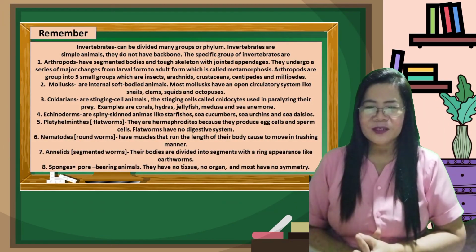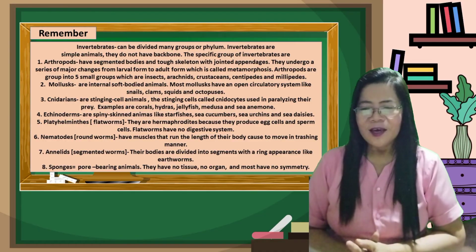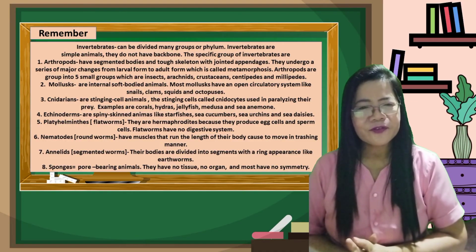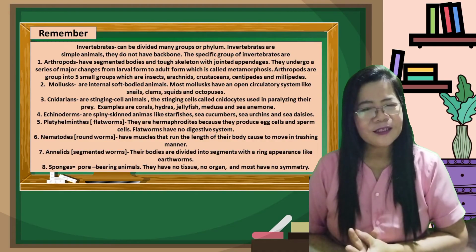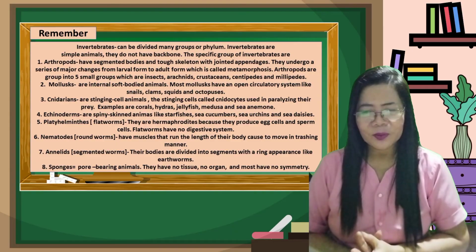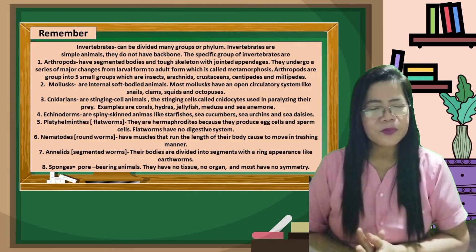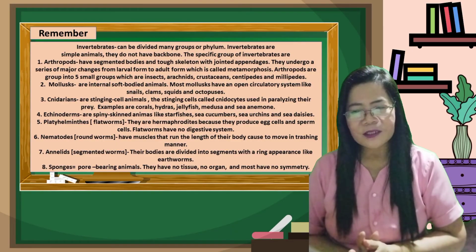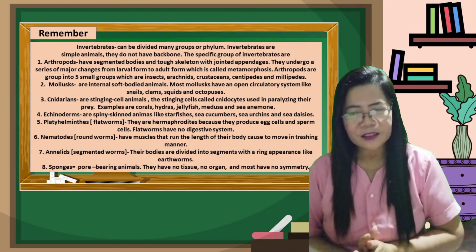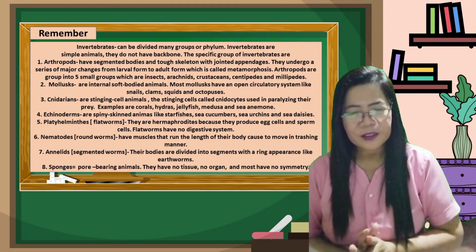Class, remember our lesson about invertebrates. Invertebrates can be divided into many groups or phyla. Invertebrates are simple animals. They do not have a backbone. The first group of invertebrates are arthropods. The arthropods have segmented bodies and a tough skeleton with jointed appendages.